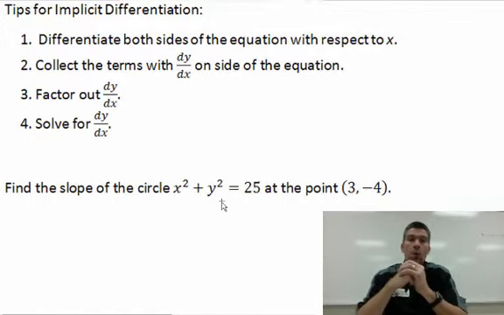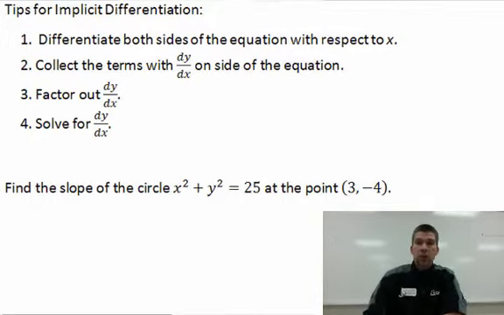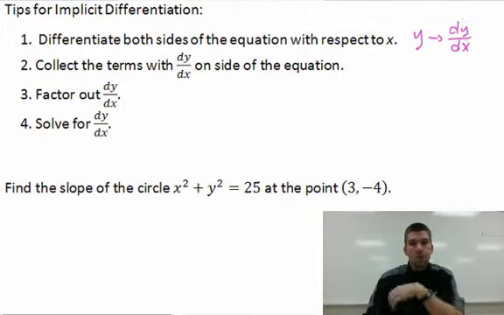One of the things we're going to want to do is differentiate both sides of the equation with respect to x. So if you have just a y, then when you take the derivative with respect to x, it becomes dy/dx. But if you have y squared, we've got to multiply that derivative now by dy/dx.